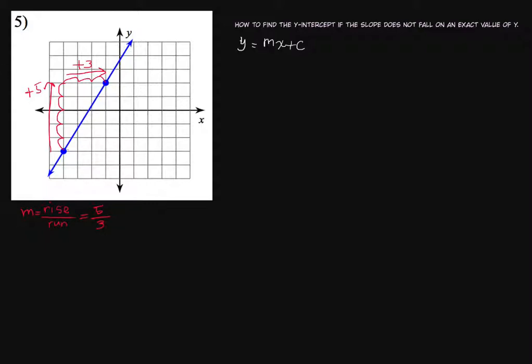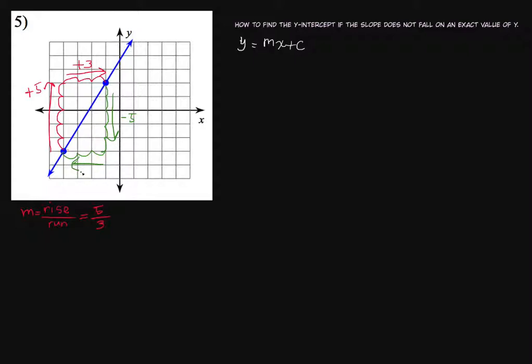Or sometimes you might want to do it from the other side. It's going to end up the same, okay? So let's count. 1, 2, 3, 4, 5. It's going down, so that's a negative 5. And then we go 1, 2, 3 to the left.